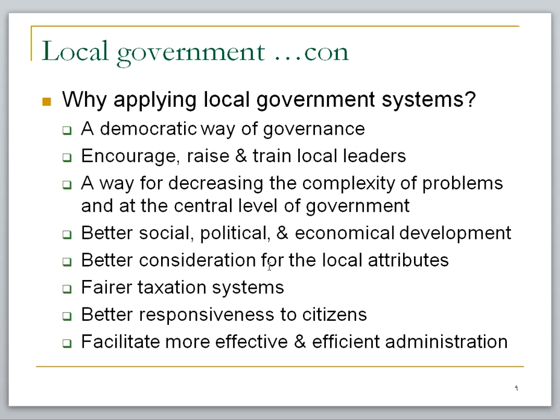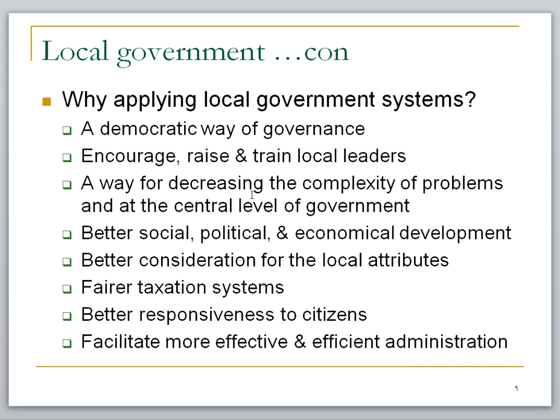So having control and governmental organizations in different geographic areas will be suitable for different attributes. Having fairer taxation systems according to different geographic area, better responsiveness to citizens, and this is related to the democracy way of governance, facilitate more effective and efficient administration.